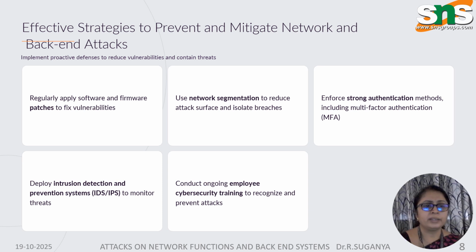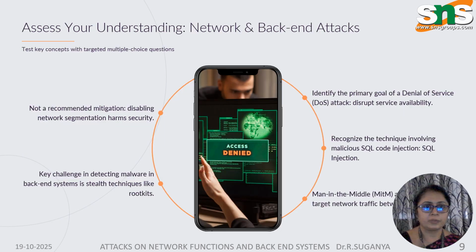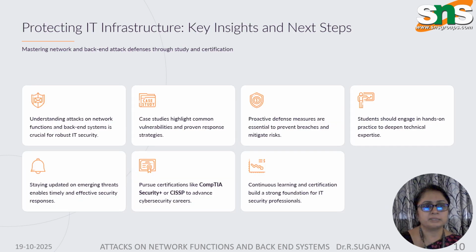We can deploy intrusion detection and prevention systems to monitor threats. We also have to conduct ongoing cybersecurity training to recognize and prevent attacks. We can assess the backend attacks, recommend mitigation, identify the primary goal of a man in the middle attack, recognize the technique, and take on the challenge of detecting malware in backend systems.